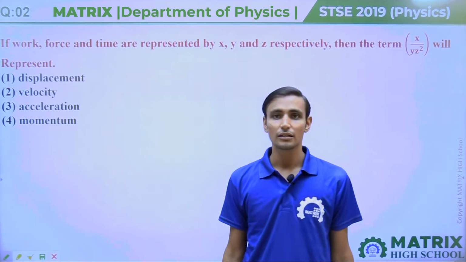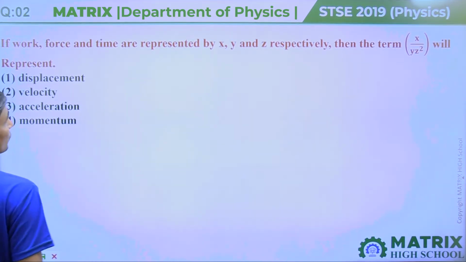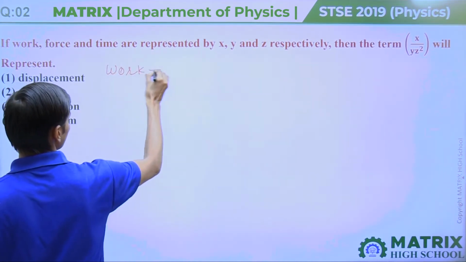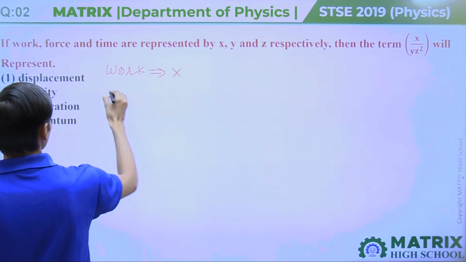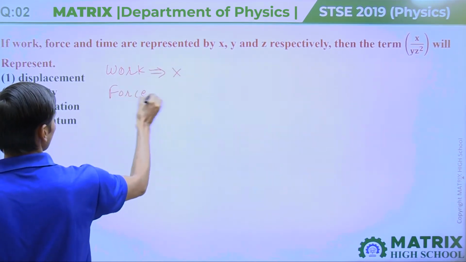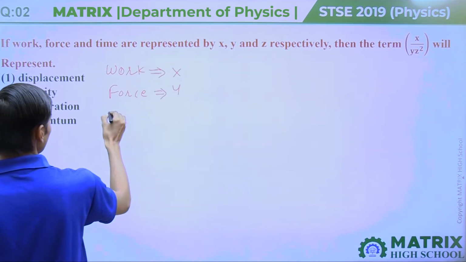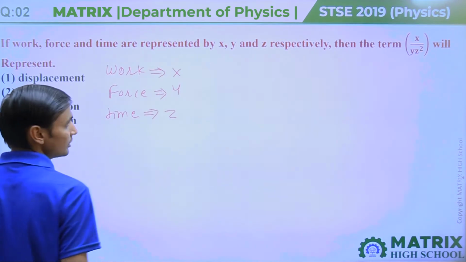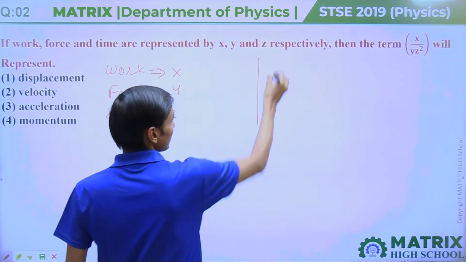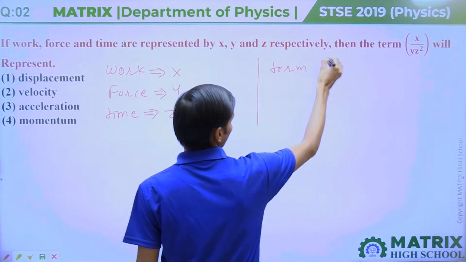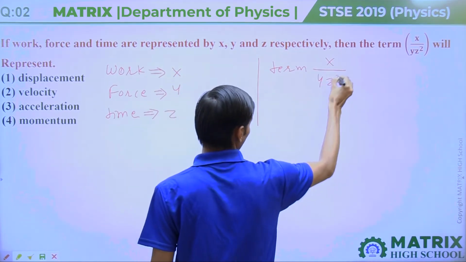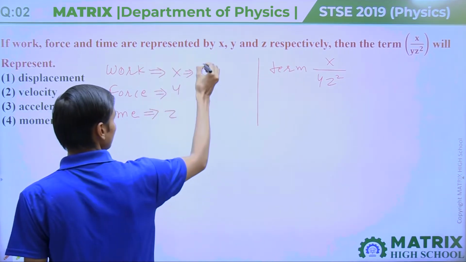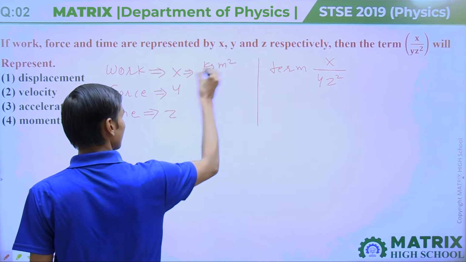Next, question number 2. If work is represented by X, force is represented by Y, and time is represented by Z, then the term X divided by YZ square will represent what? Work X is kg meter square per second square.